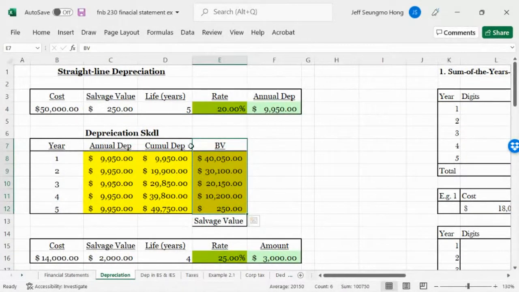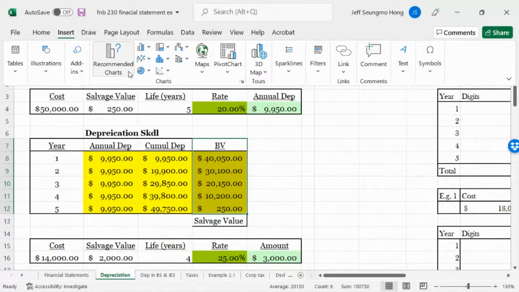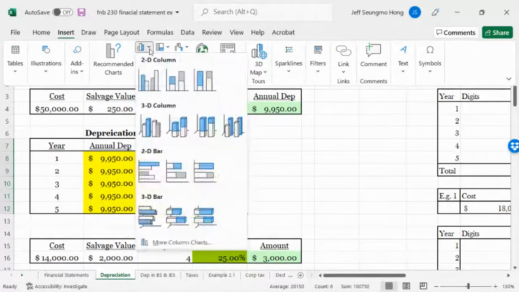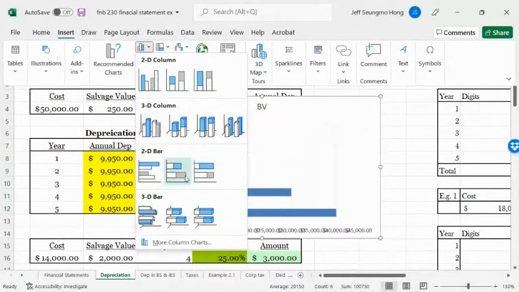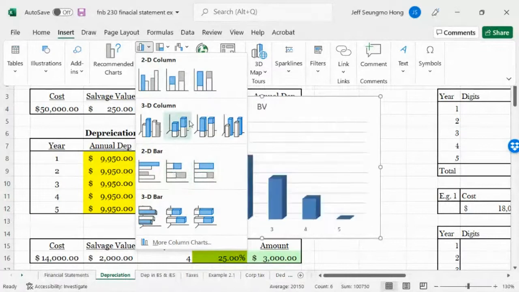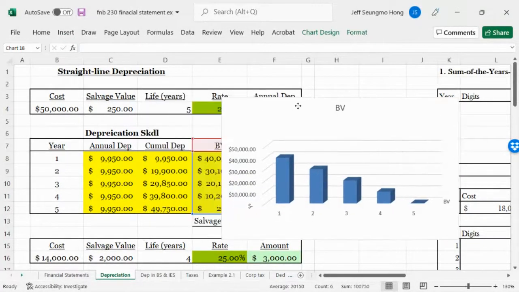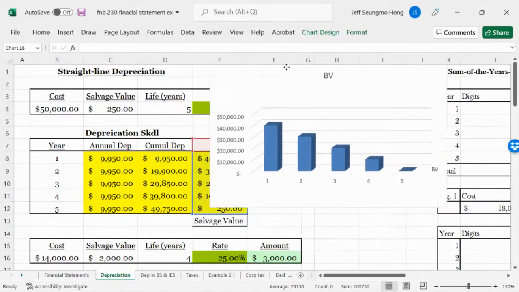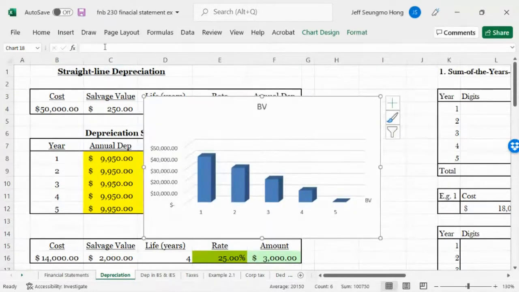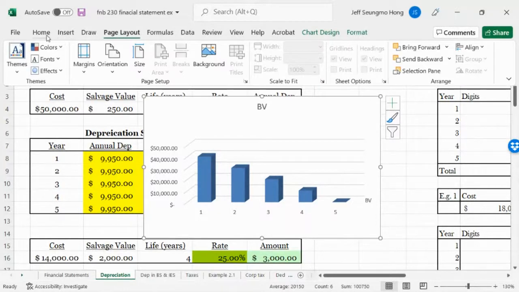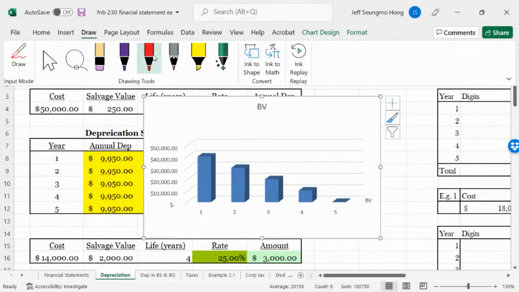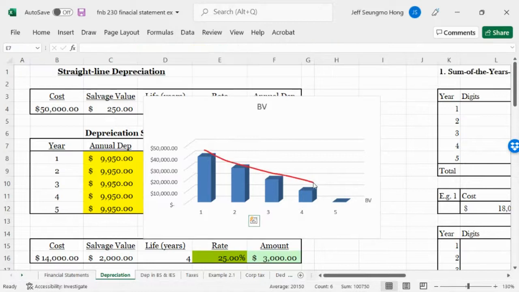Think about it. The book value goes down exactly in a straight line.